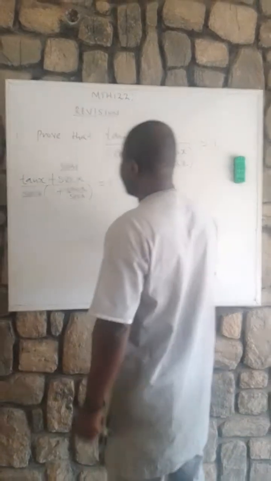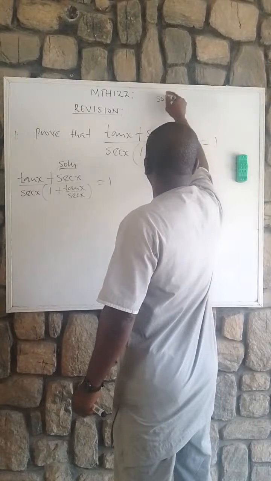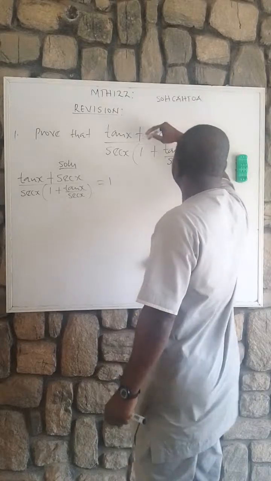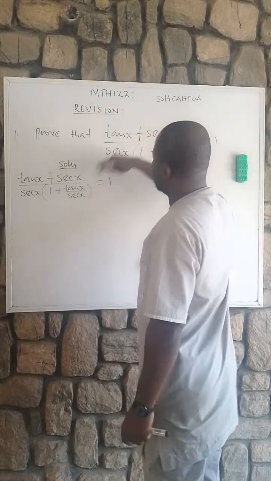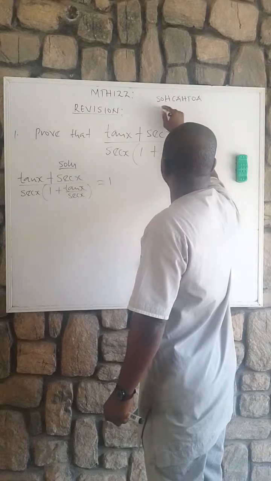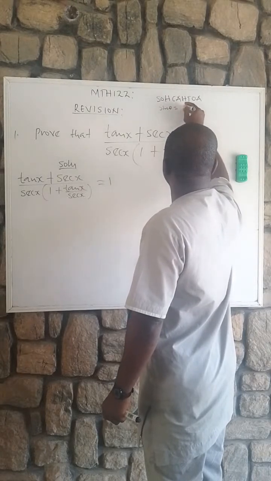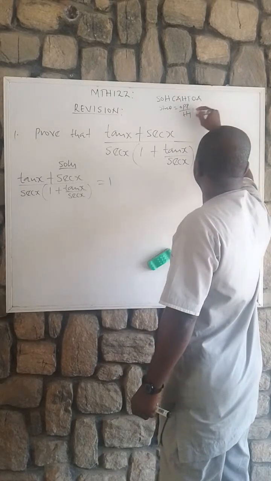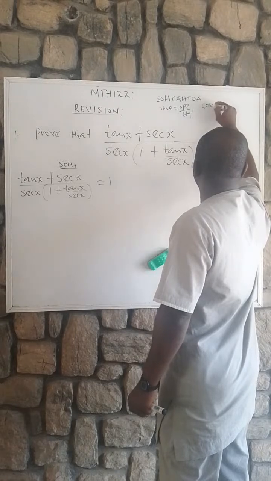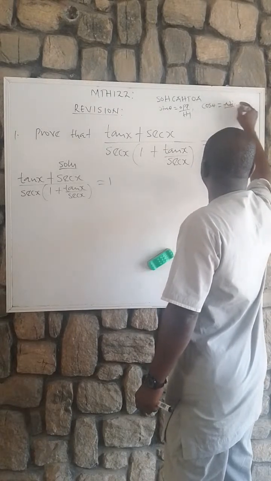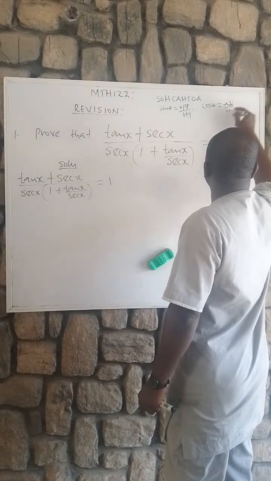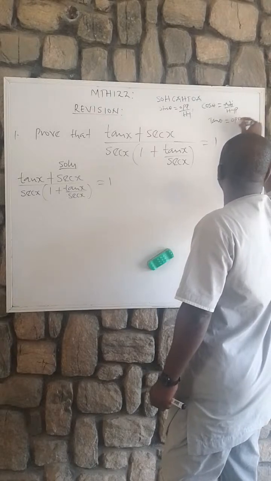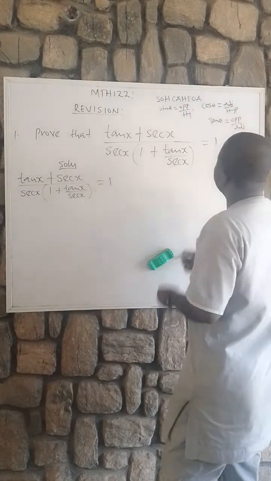You know very well that SOHCAHTOA, we are talking about sin. Sin theta is opposite all over hypotenuse, right? Then cos theta is adjacent all over hypotenuse, and tan theta is equals to opposite all over adjacent. Okay?